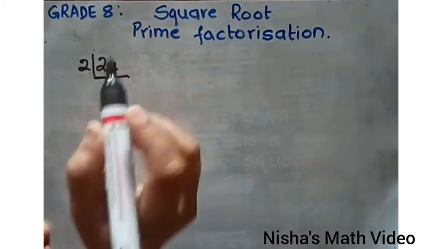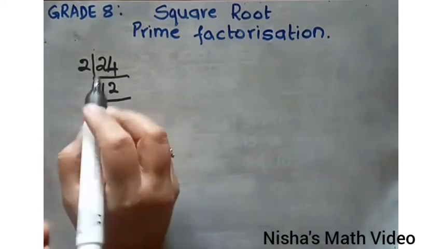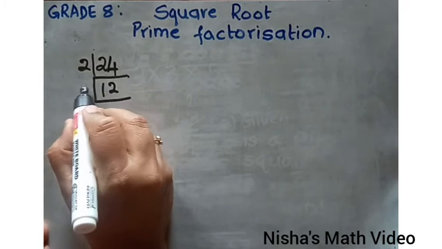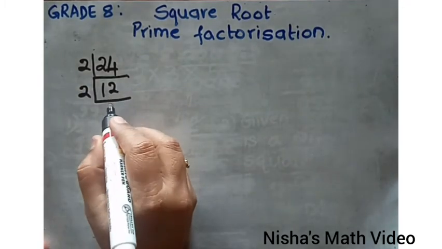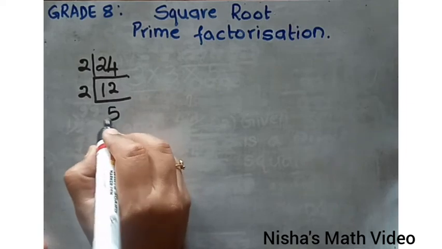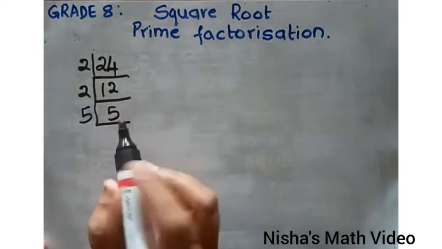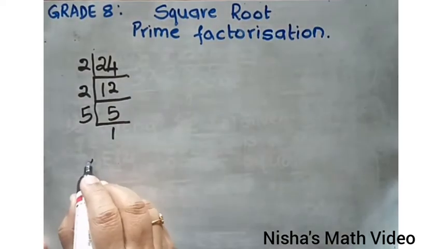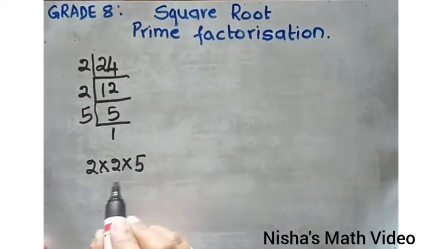Let's prime factorize it. 2 ones are 2, 2 twos are 4... Okay. Then you write, say, 2 sixes are 12, isn't it? You will write it as 2 fives are 12 by mistake. Now I will write 5 ones are 5. So I find that when I write the prime factors, I write it as 2 into 2 into 5.